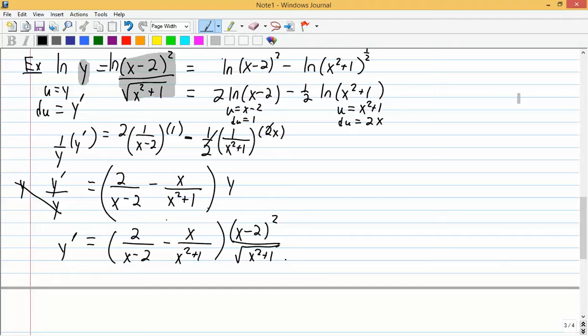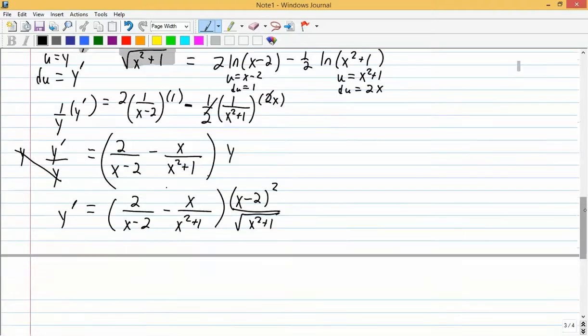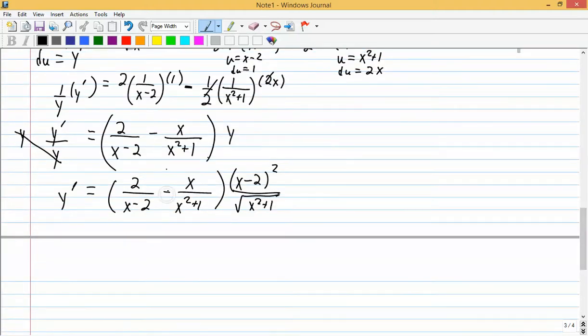So before multiplying that in, what I would suggest doing, since you have a minus here, is making all of this in here one term. Get a common denominator and just make one term here. So I'd have y prime equals, now my common denominator is simply going to be the product of these two denominators. That's x minus 2 times x squared plus 1.